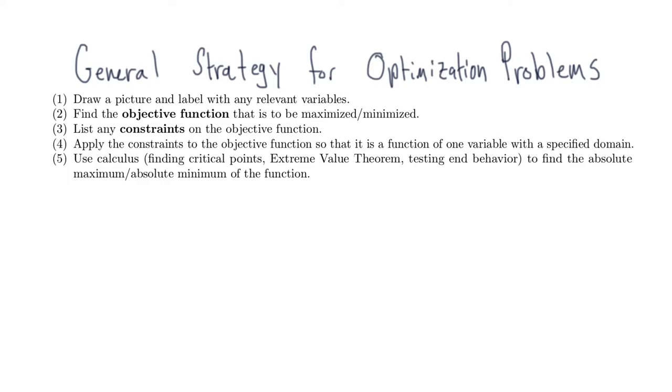This is why optimization problems are often considered some of the hardest problems in calculus. First of all, there are just so many steps. Even though the idea is pretty simple, in practice, each problem has its own language and its own strategy, but there is a general strategy, just like we had for related rates.